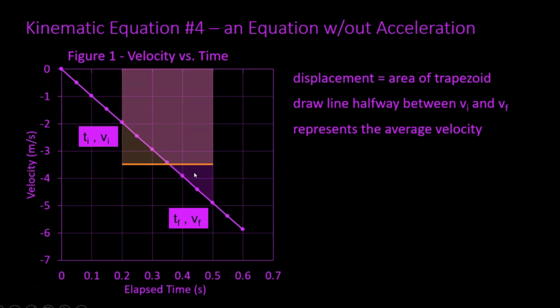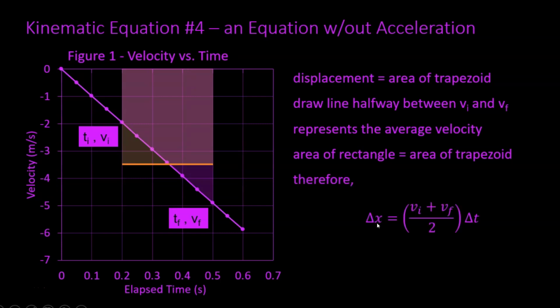And notice that these 2 triangles are exactly the same area. So that means that the area of the trapezoid and the area of the rectangle are exactly the same. So that tells me that the displacement can be represented by this trapezoid, or the displacement can also be represented by the rectangle created with the average velocity line and the time axis.